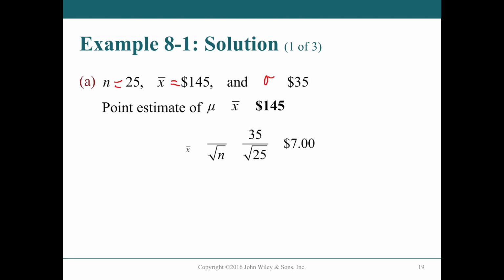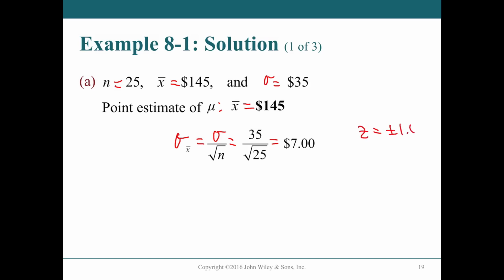So let's go to the next slide. And now we have N is 25, X bar is 145, and sigma by itself is 35. The point estimate of mu is X bar equaling 145. What could be easier? Well, sigma sub X bar, if you choose to separate that out, is sigma over square root of N, which is 35 over the remarkably simple square root of 25. 35 over 5 is 7.